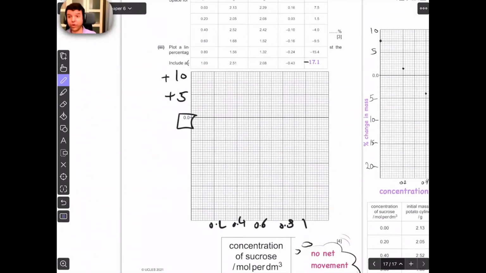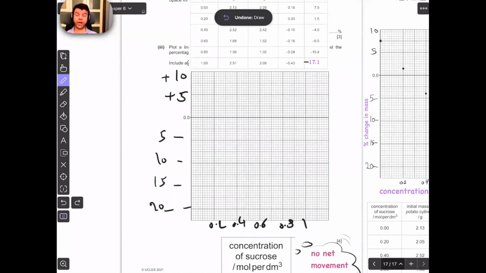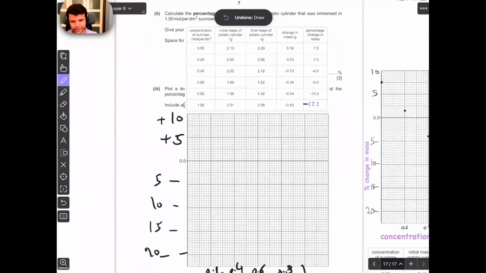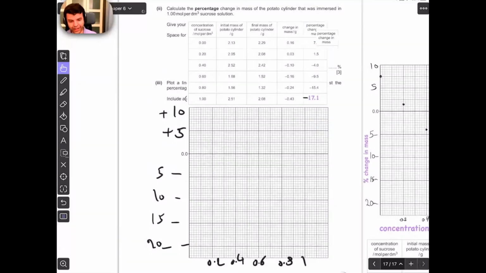That's the 0 value, right? Then I'm going to divide this into negative values: negative 5, negative 10, negative 15, negative 20. This basically ensures that all of the numbers I have here will fit in my y-axis. And again, copy whatever the heading of the column is. So just copy it here, okay?